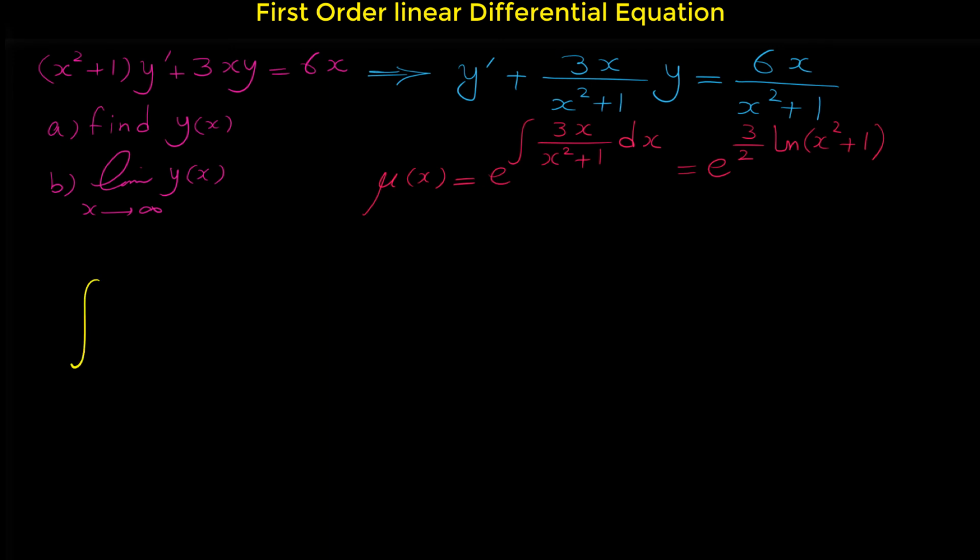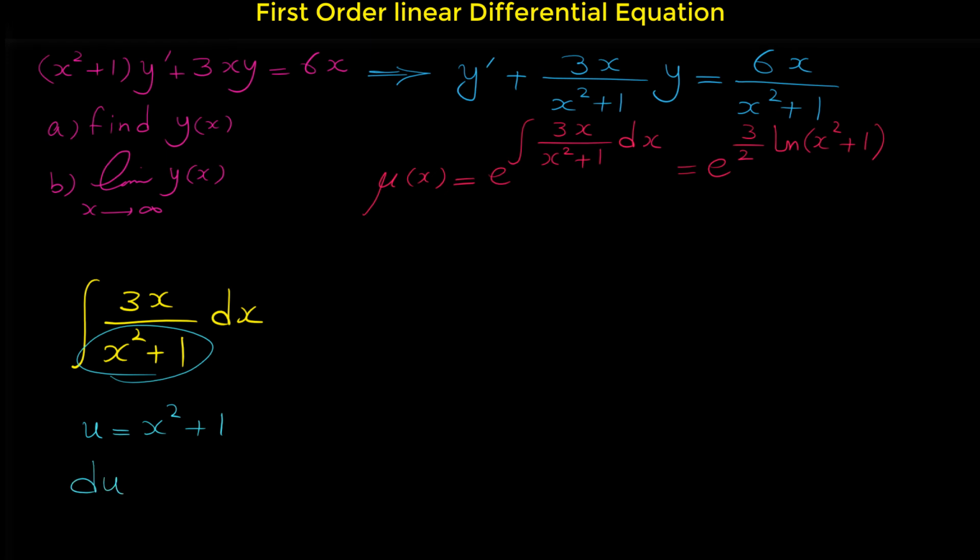For finding the integral of 3x over x squared plus 1 dx, simply you can consider the expression in denominator x squared plus 1 as u, and then du is 2x dx. So here we are doing a u substitution, and so from this we get dx is du over 2x.